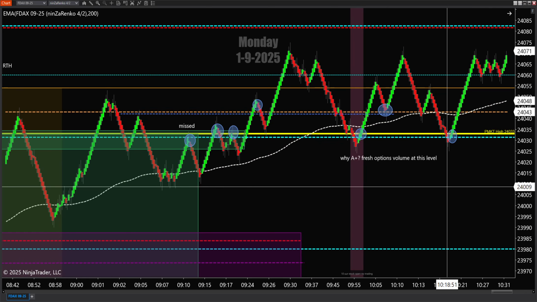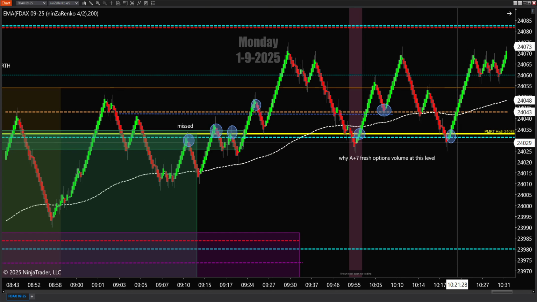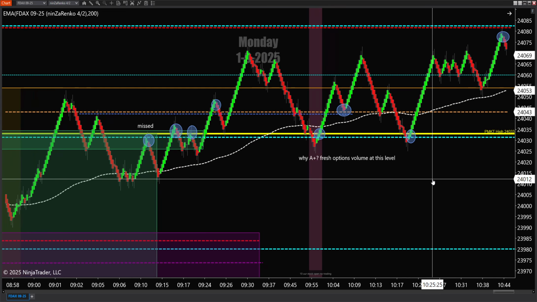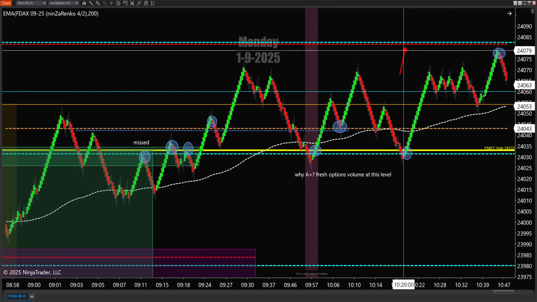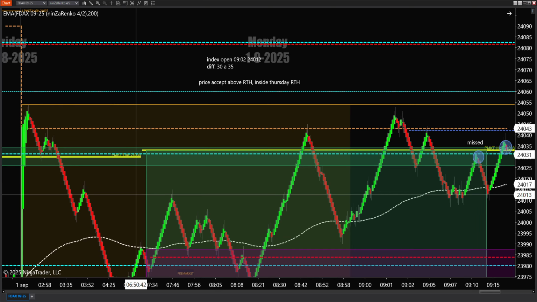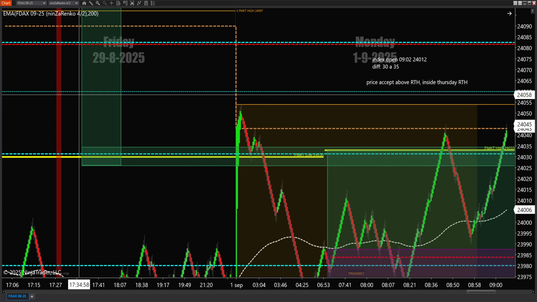Bam. Very simple stuff. Even if this was not a strong index options level, I would still buy it, because it's the value area high of our TPO profile, retest, and it needs to go to this red level. This red level is the point of control of the next profile, because above our Friday RTH, there we have the RTH of Thursday.